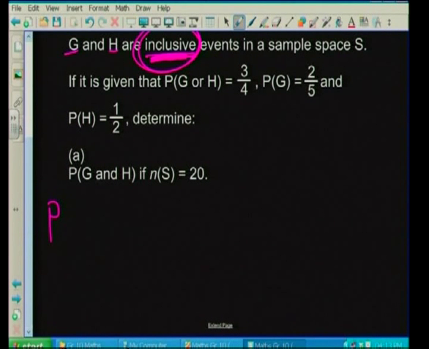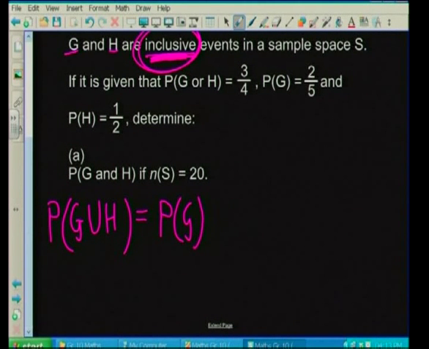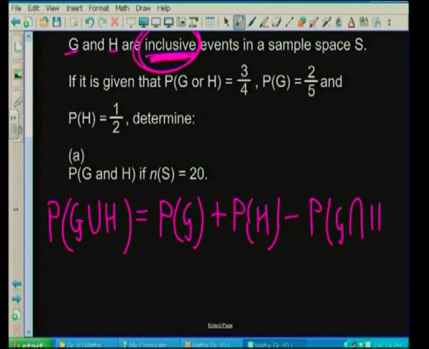I can say that if the events are inclusive, then the probability of G or H must be equal to the probability of G plus the probability of H, this is of course meant to be H, minus the probability of G intersection H. The reason I'm able to write down this statement is because I was told very clearly that the events are inclusive.